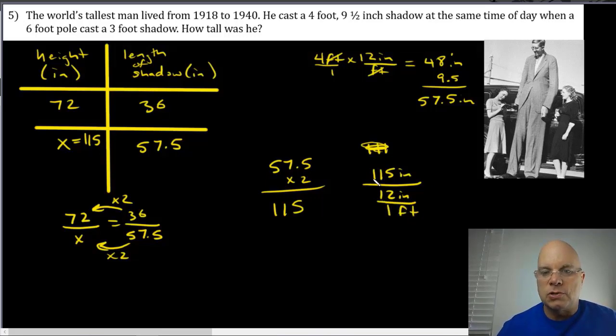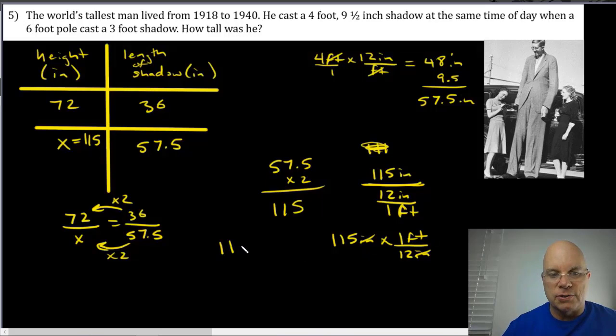I'm showing you this so you can see that this idea of dimensional analysis also works when you're dividing with units, because we know dividing is the same as multiplying by the reciprocal. So this is 115 inches multiplied by, flip that bottom fraction, 1 foot per 12 inches. And so the inches cancel, and I'll just get feet. When I do 115 divided by 12, I'll get my answer in feet.